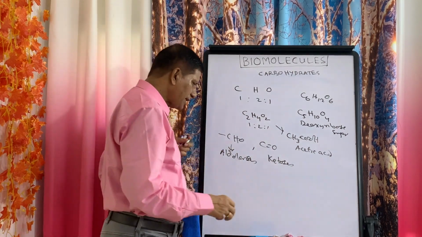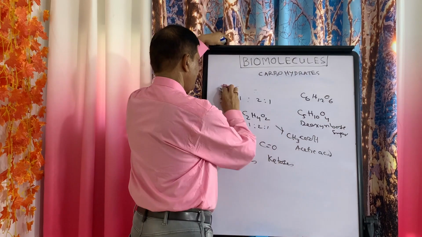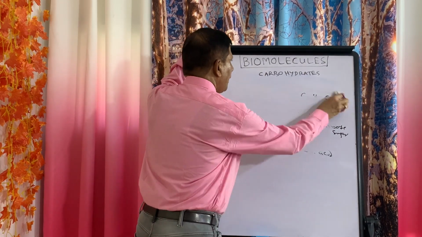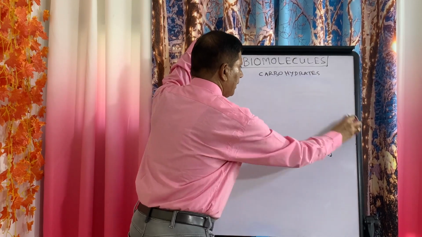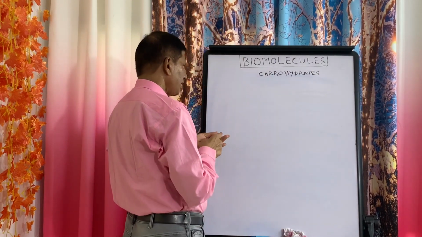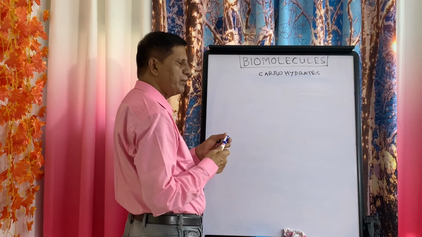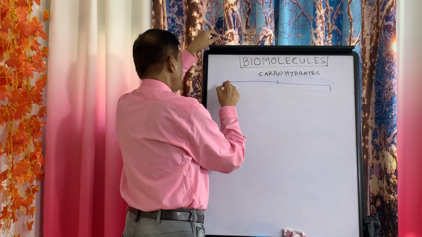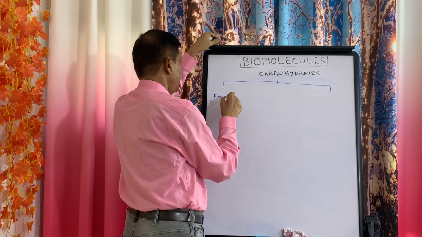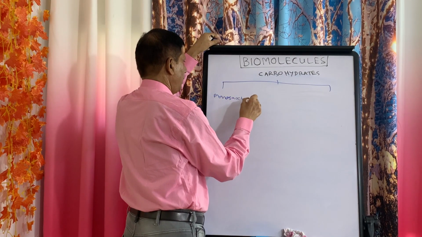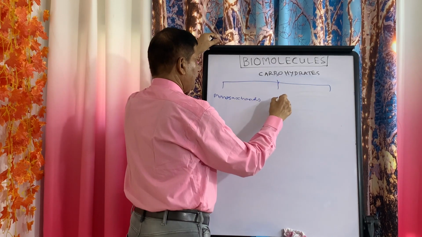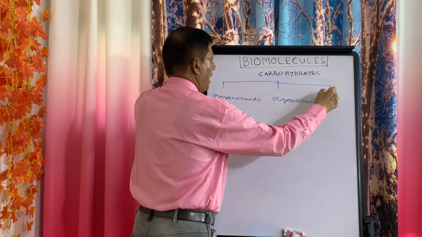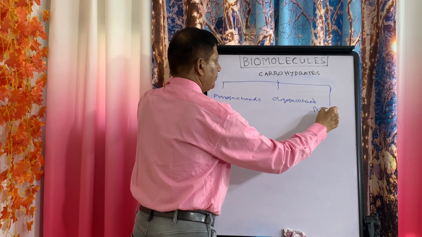Now these carbohydrates are classified in different ways, depending upon the carbon number. First, we can classify the carbohydrates in a very broad way. It may be monosaccharides, then oligosaccharides, and polysaccharides.